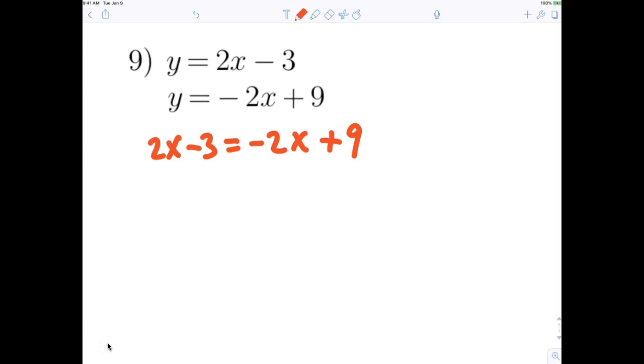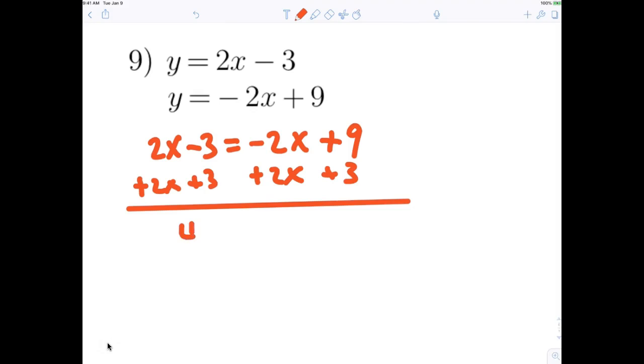You did plus 2x, plus 2x, plus 3, plus 3. So you end up with 4x equals 12. So x equals what? X equals 3.